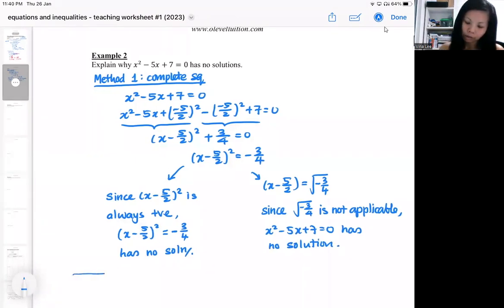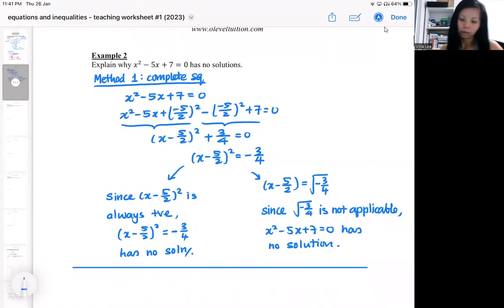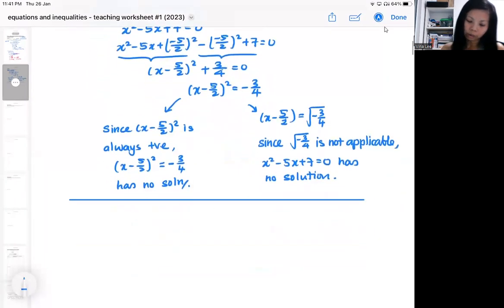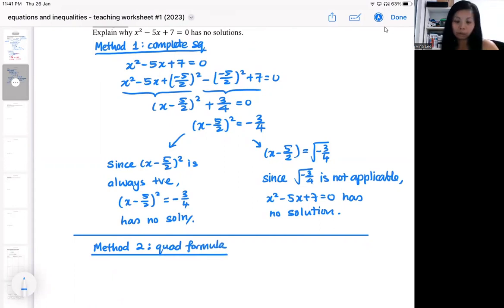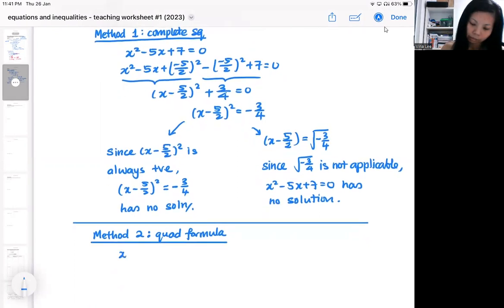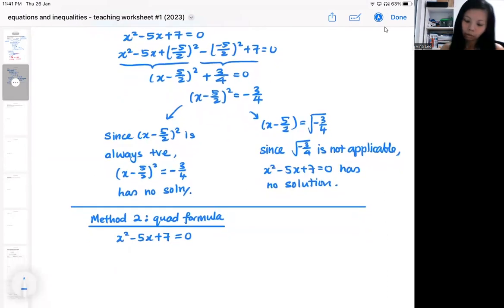Okay, so let's go to the second method. For the second method, I'm going to use the quadratic formula.